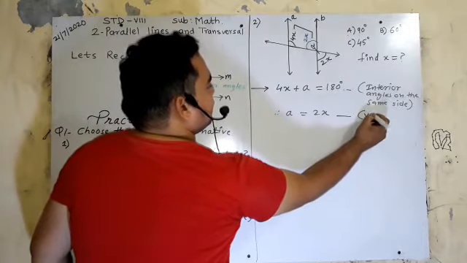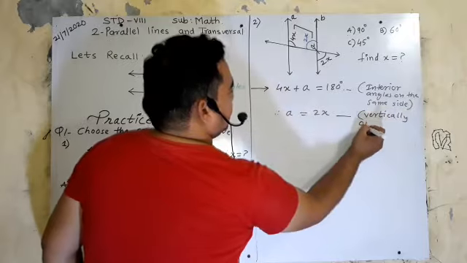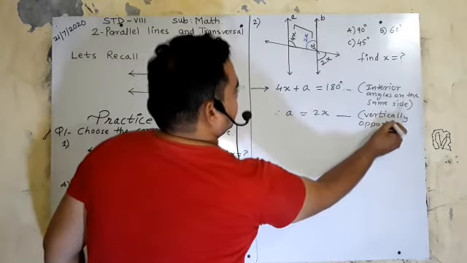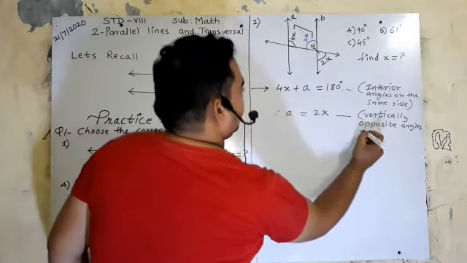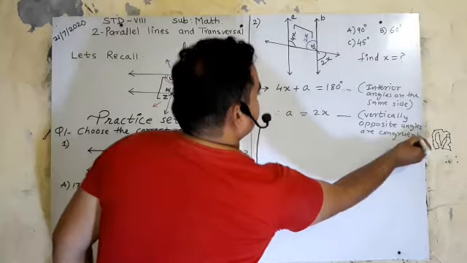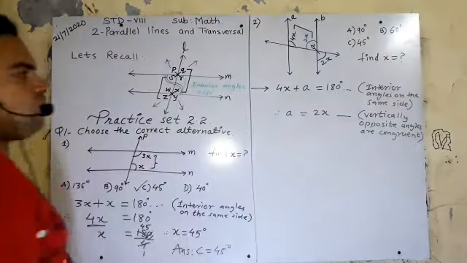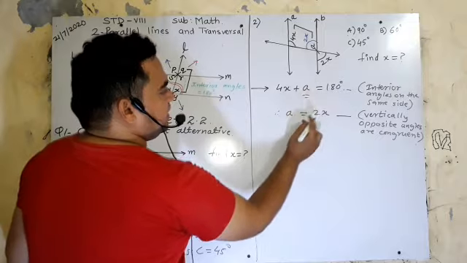Why? Because vertically opposite angles are congruent. Vertically opposite angles are congruent. So at the place of A, I will write 2x.